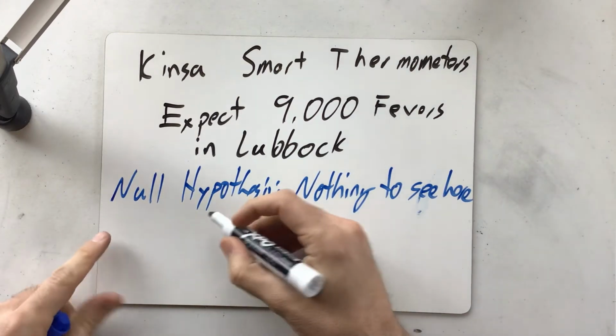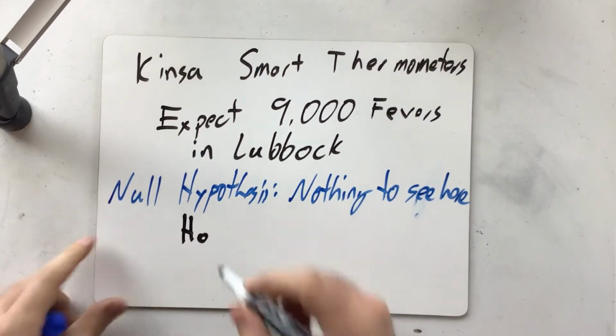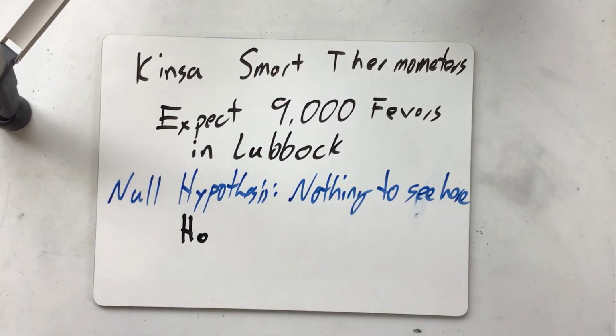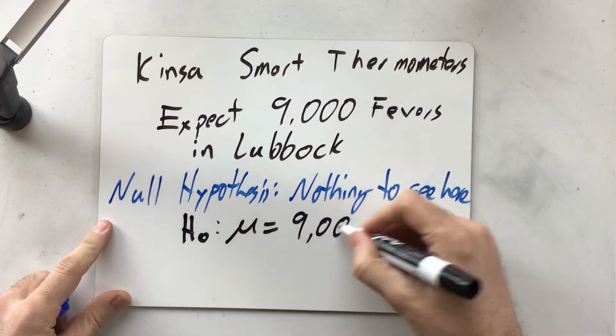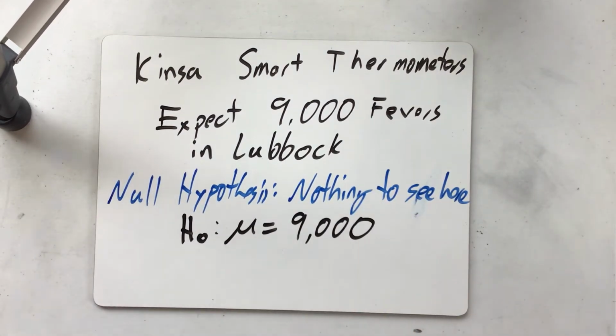For this situation, if we have 9,000 fevers in Lubbock, the null hypothesis is that mu is equal to 9,000. So it's a normal year. There's not any exceptional viral outbreaks. 9,000 is what we'd expect. So we're going to write H naught: mu equals 9,000.